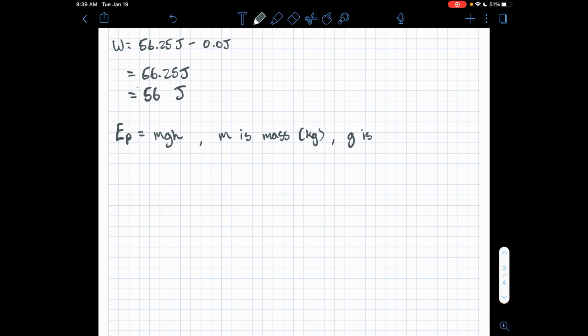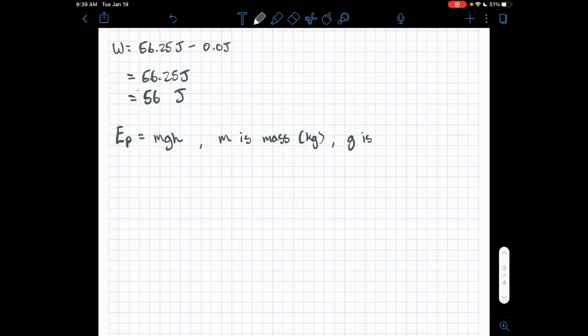G is the acceleration of gravity, and that's in meters per second squared, or more specifically, it'd be 9.8 meters per second squared. And then h is the height at which the object has moved.